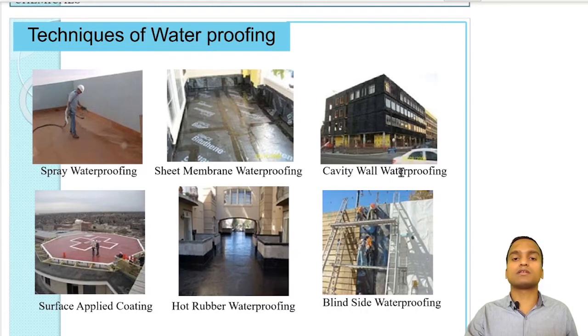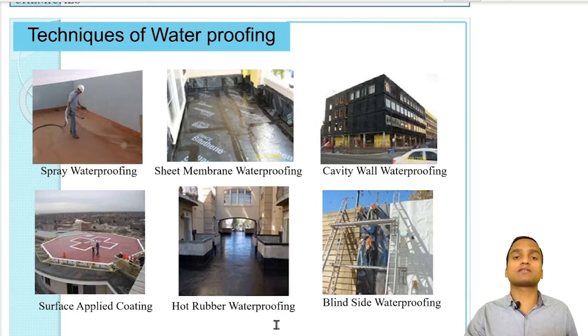Now in this figure it is the cavity wall waterproofing, and here the walls have been covered by some waterproof materials also. And in this figure it is the surface applied coating. Again here a coating of a waterproof material is made on the surface. And in the next figure is the hot rubber waterproofing.